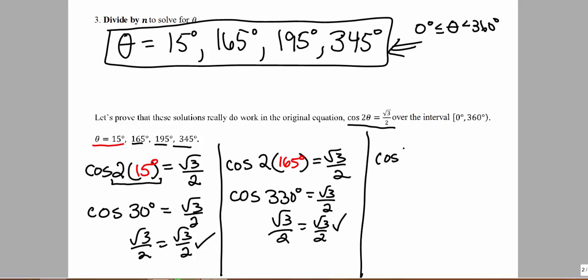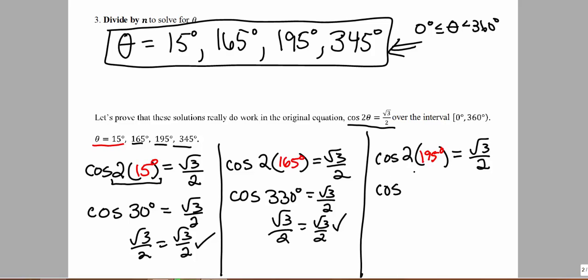Let's try the next one, cosine of 2 theta. What we're solving for, keep in mind, is the angle that we would have to double first, then find the cosine value of it, to make sure we get out the cosine value on the other side.